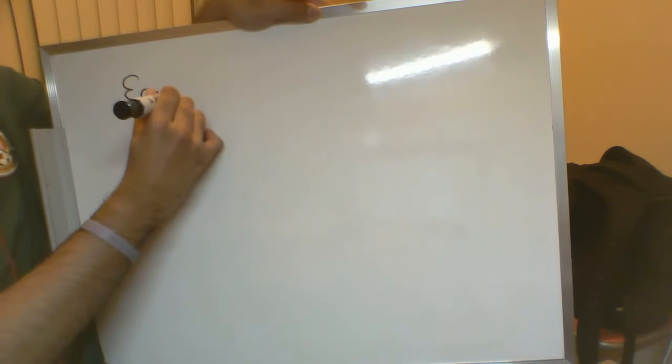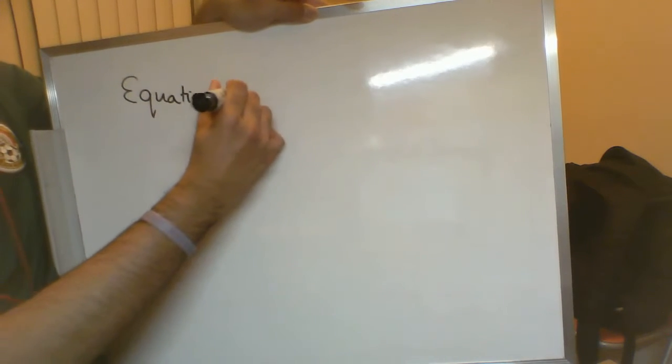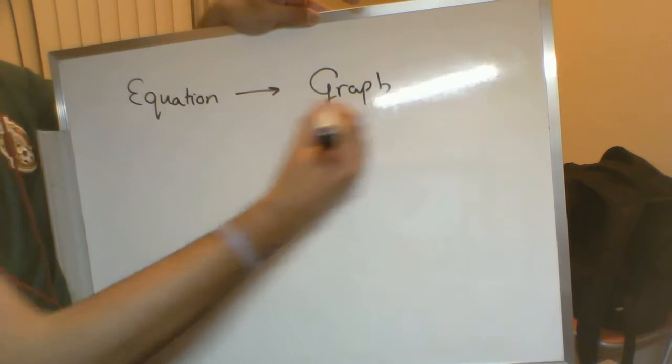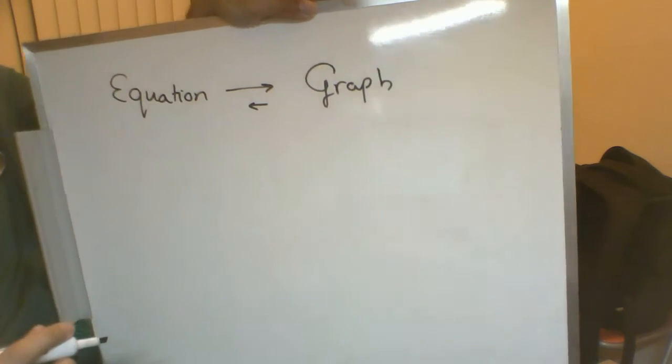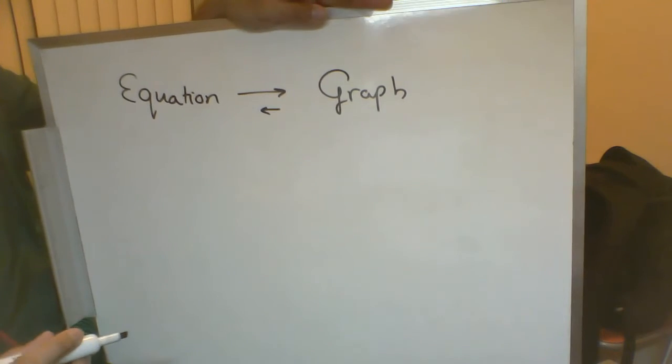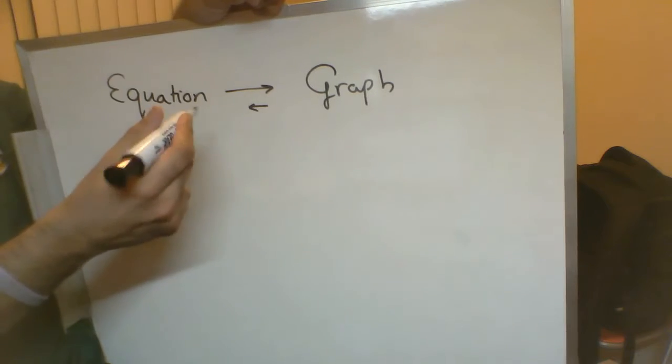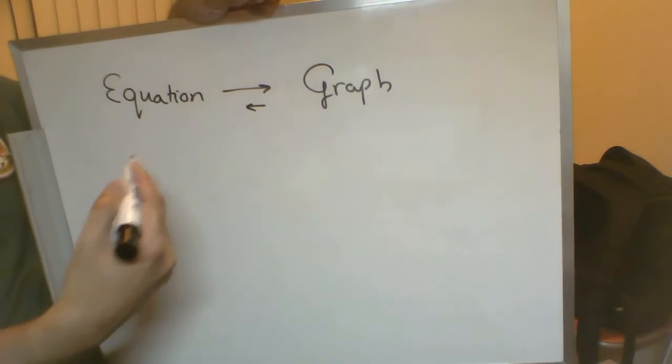So far we've gone from the equation to the graph, right? So far this is what we've been doing. And we've done a little bit going in reverse. What I'm thinking is we'll introduce the concept of negative slope, and then we'll revisit at least one of each example.